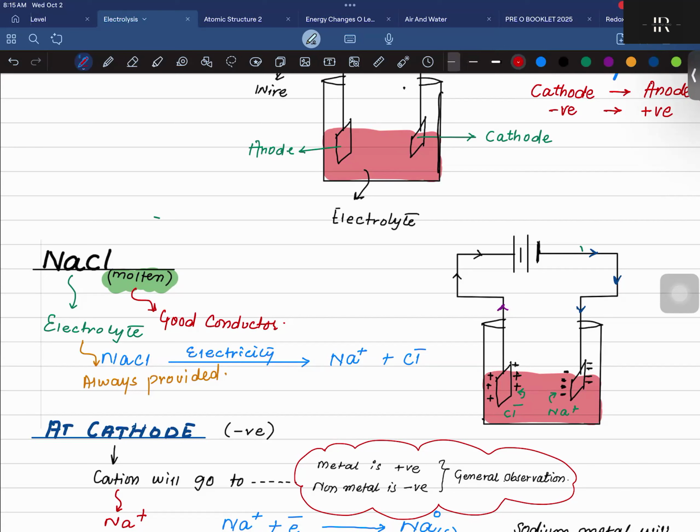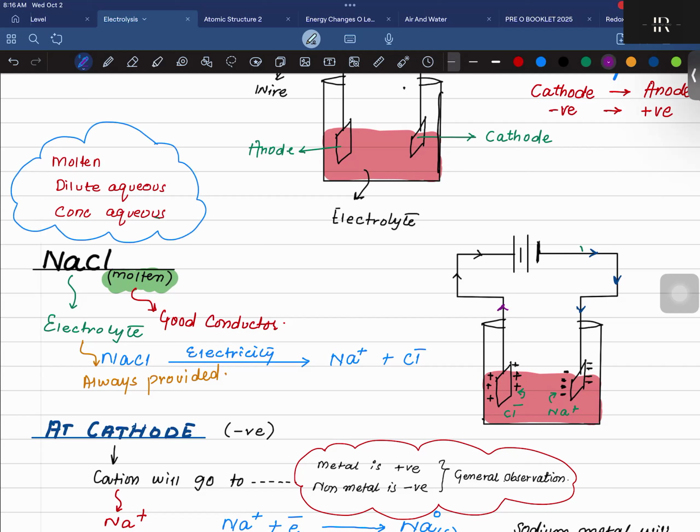Number one, electrolysis of molten compounds. Number two, electrolysis of dilute aqueous. And number three, electrolysis of concentrated aqueous.